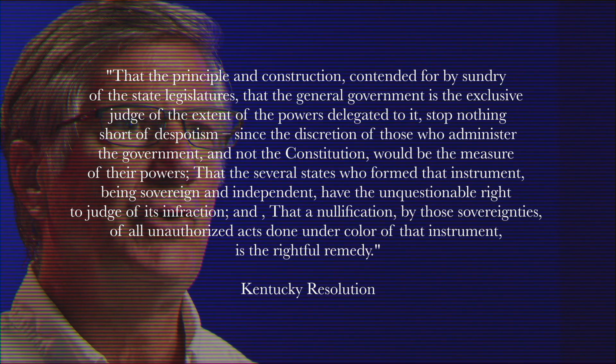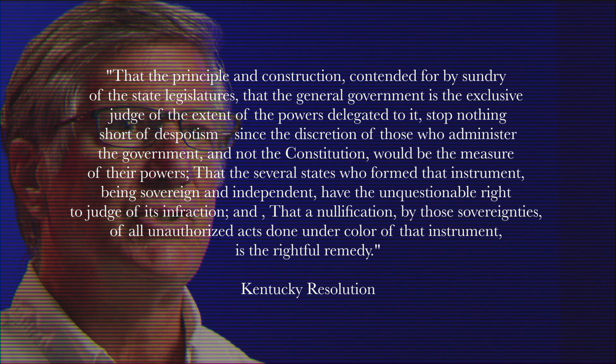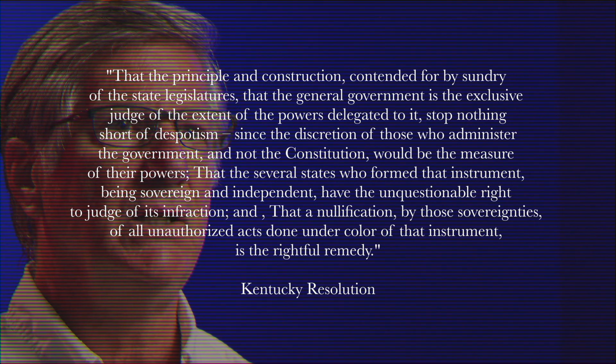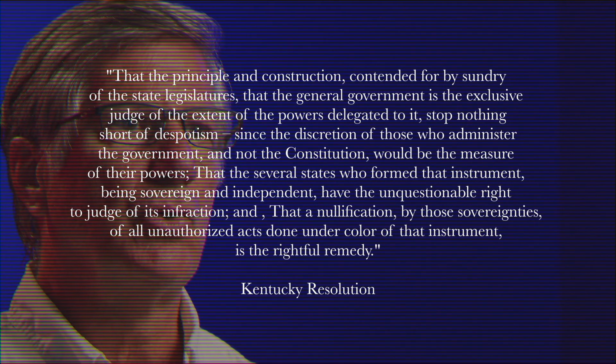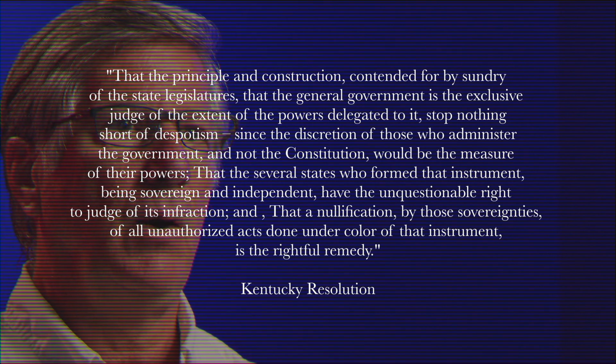Similarly, the Kentucky Resolution of 1799 echoed Jefferson's sentiments from his draft of the Kentucky Resolution of 1798. He said that the principle in construction contended for by sundry of the state legislatures, that the general government is the exclusive judge of the extent of the powers delegated to it, stops nothing short of despotism, since the discretion of those who administer the government, and not the Constitution, would be the measure of their powers.